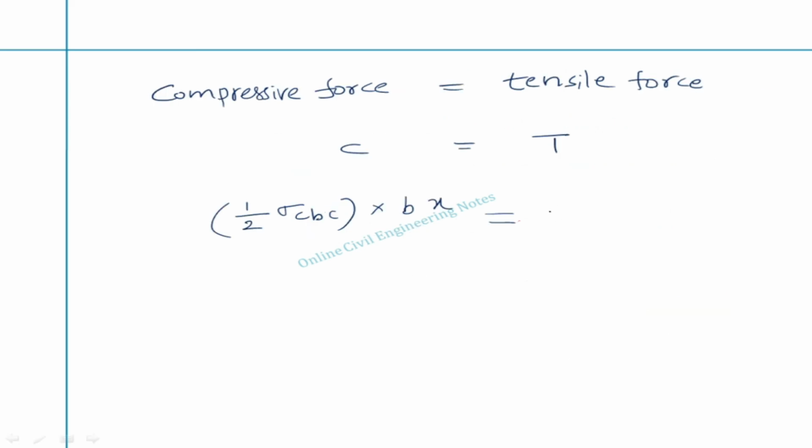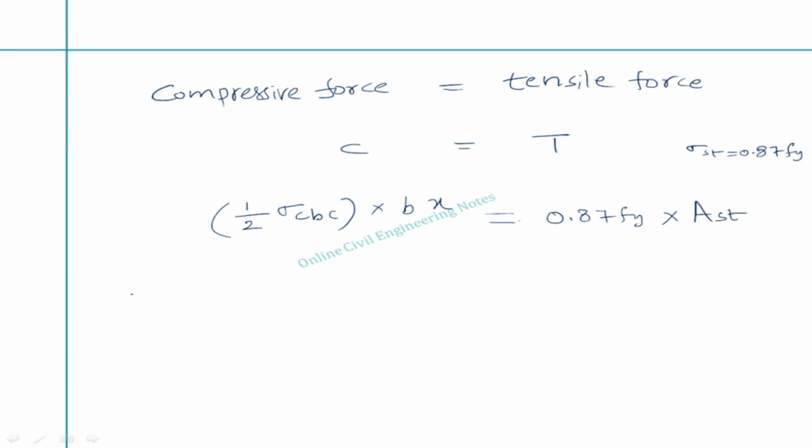Tension force is tensile stress into area of the reinforcement. Tensile stress is sigma ST, which is equal to 0.87 fy. So tension force is 0.87 fy into area of steel.